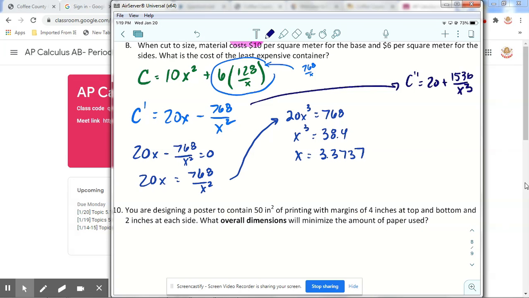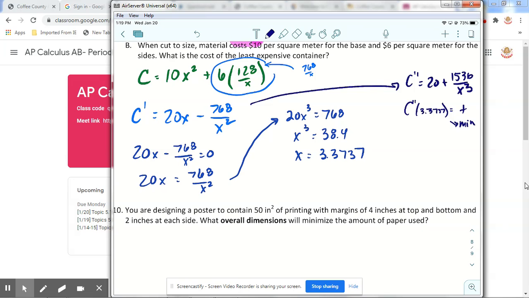Okay, so then if I put in this decimal, I'm going to get a positive for sure. So we do have a minimum going on here.